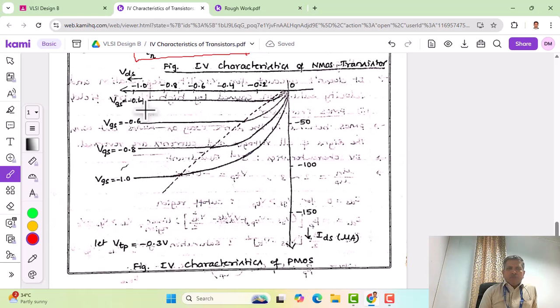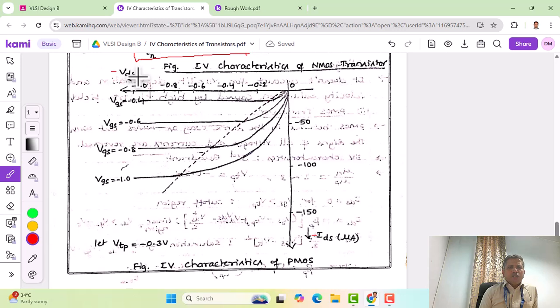As we can see here, for the PMOS transistor, drain to source voltage is negative, and even the drain to source current is also going to be negative. So both are negative, the voltage and the current. Therefore the characteristics fall in the third quadrant of the graph. And you can see the scale once again.